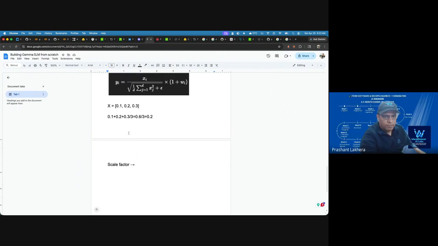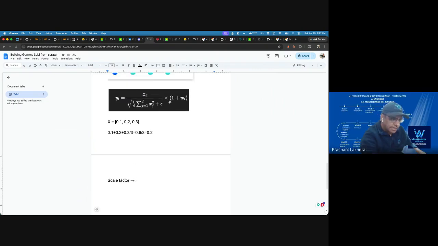Okay. So the main idea behind that, the scale factor is a kind of, again, a hyperparameter. And whenever we are talking about hyperparameters, sorry, not hyperparameters, these are called learned parameters. So the simplest way to understand this, okay, I have done all these things to normalize these weights of our model.